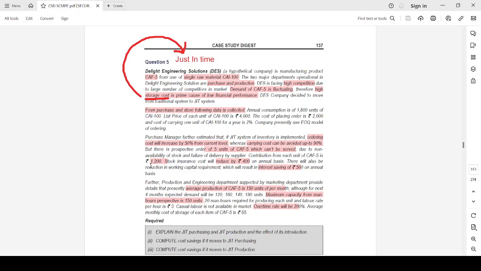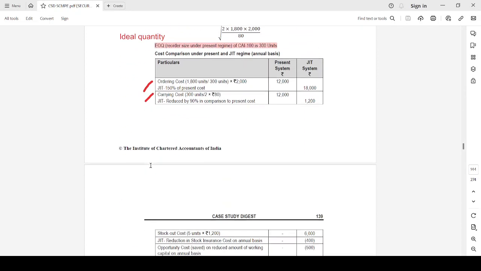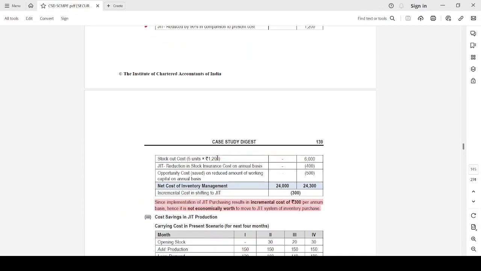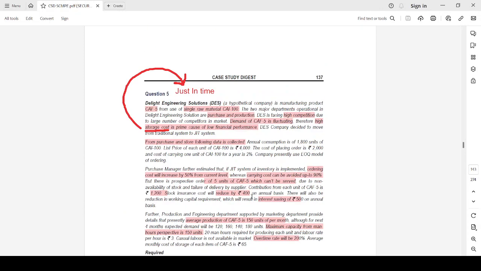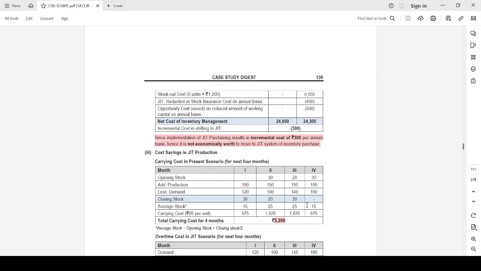In a stock out, what are we going to lose? Only the contribution, because I'm not going to sell, and I'm not going to incur the variable cost either, so only the net amount will be the contribution. Here it is 6,000. Then insurance cost I'm going to reduce by 400 and there will be an interest saving of 500 rupees. So the net cost of inventory management is 24,300.